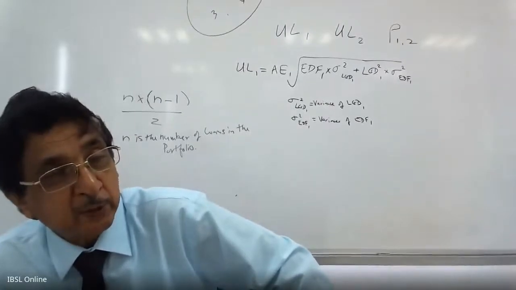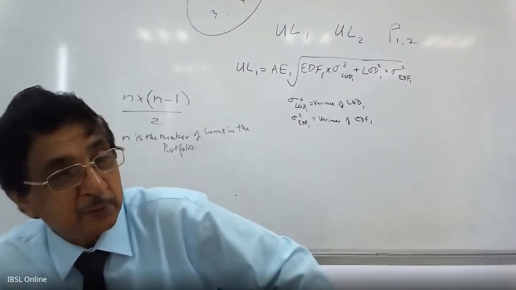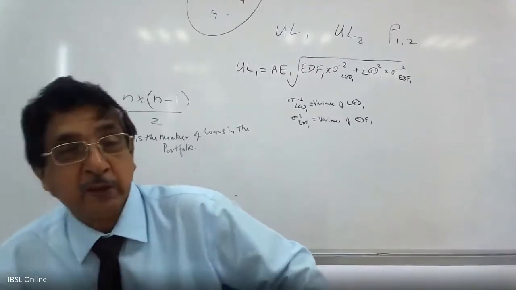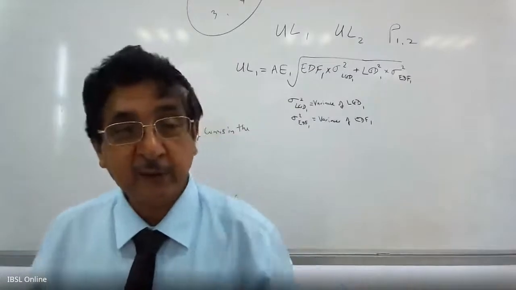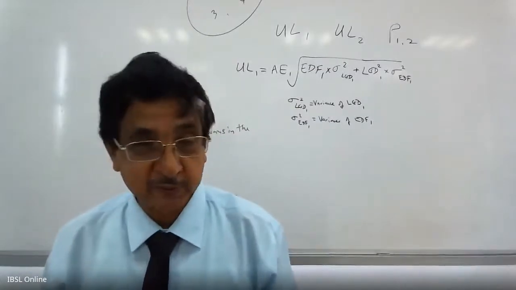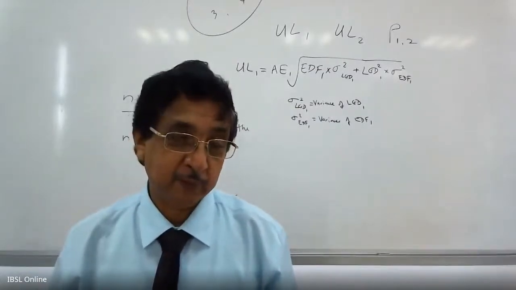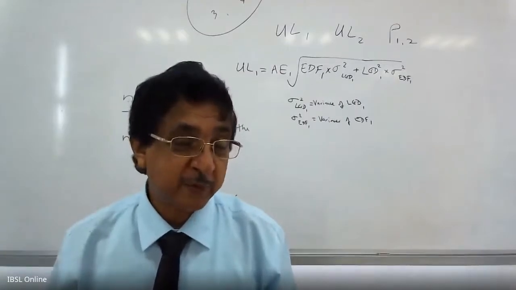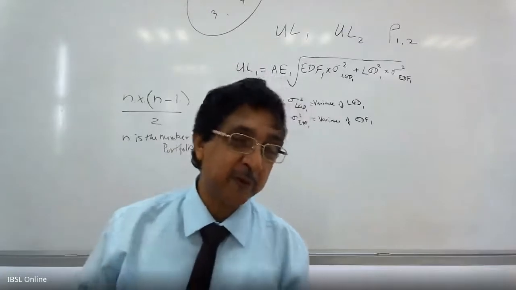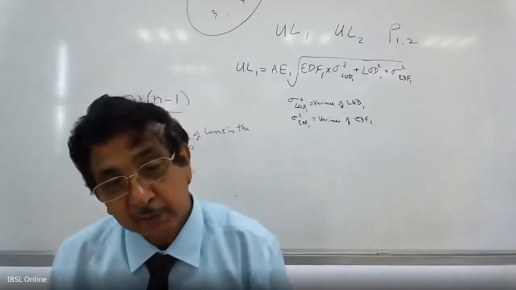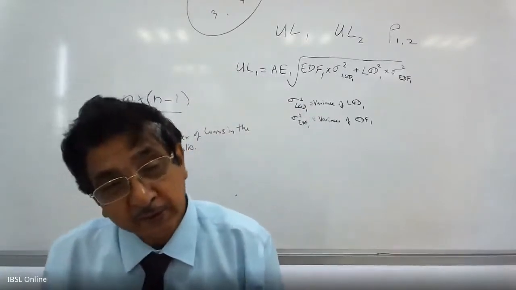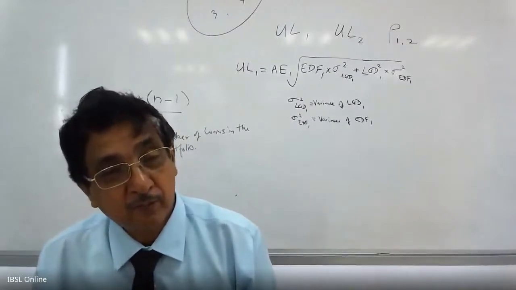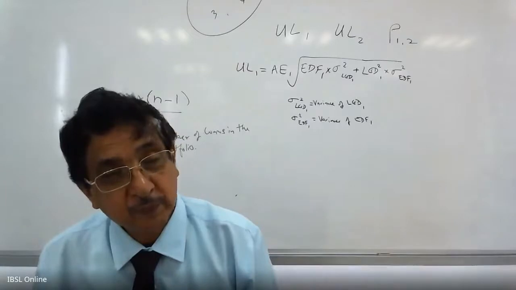Each and every loan would have an EDF and an LGD. Therefore, you can calculate these values for individual loans. Not only that, you need to know the correlation coefficient between the returns of two loans. If you know that, you are in a position to get the portfolio risk calculated. Any questions on that?